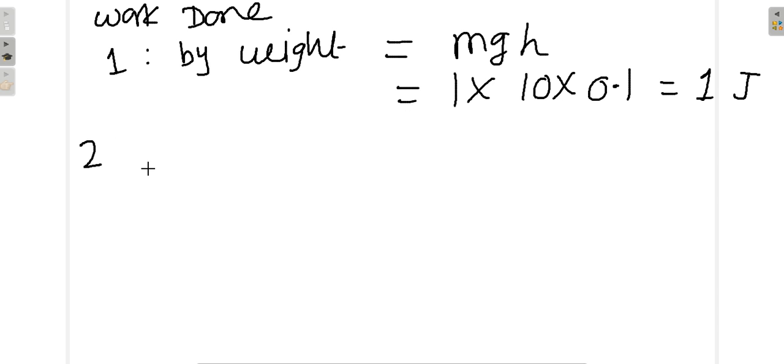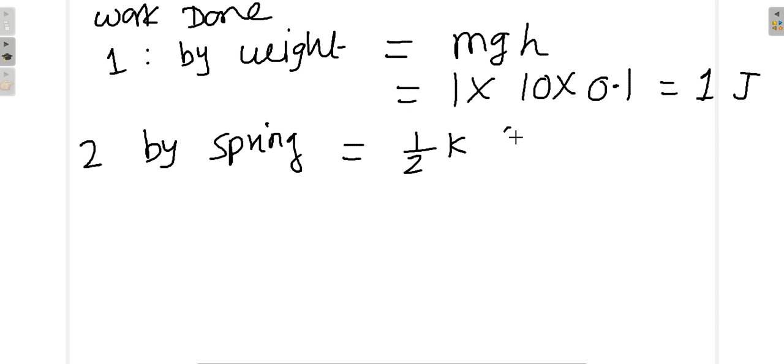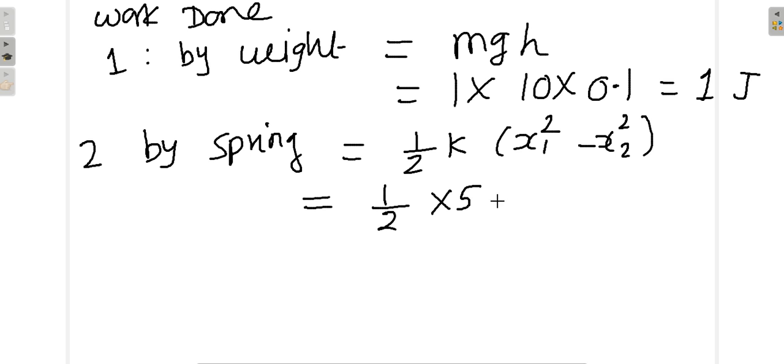Number 2 is work done by the spring, which is half into k, x1 square minus x2 square, which is half into 50. As the spring is originally at its natural length, x1 is 0, x2 is 10 centimeters, so it is 0.1 square.